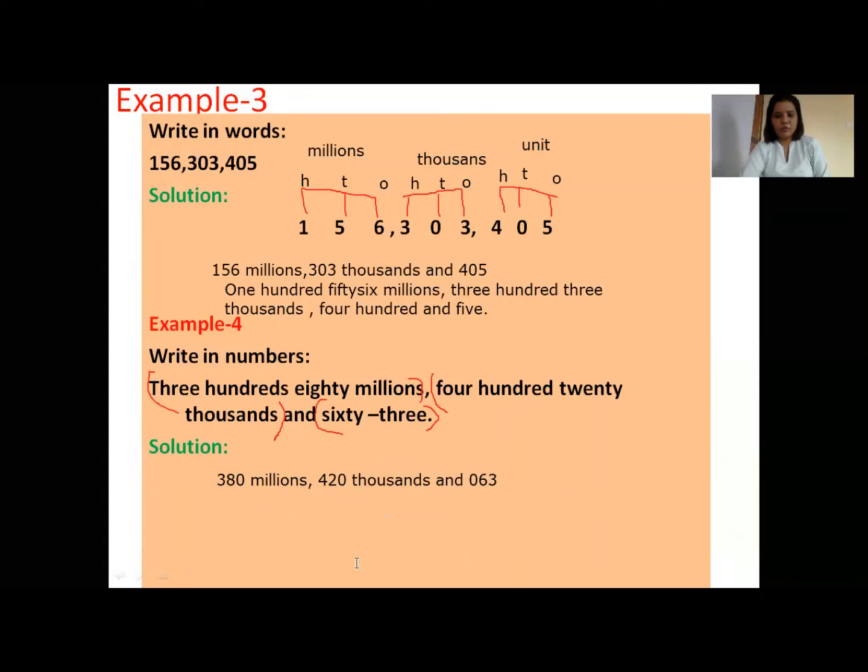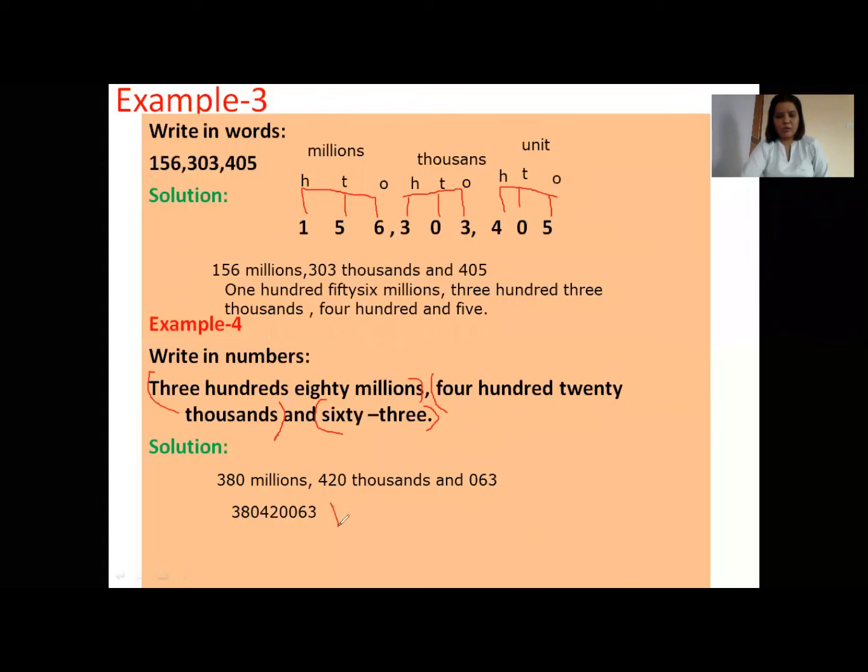Now we can write the number as 380420063. Now we are going to place commas to show the different periods.